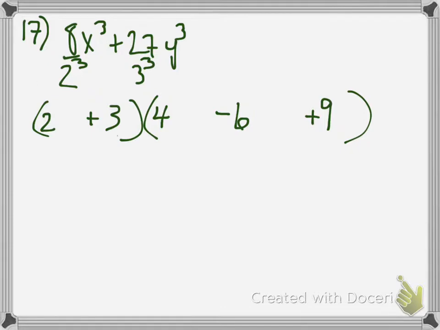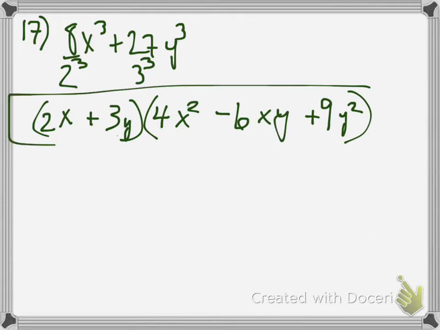I will give you this formula later if you need it. I will let y'all make a note page to help on this one on the test. The cube root of x cubed is x, y cubed is y. Square this, and then put x, y together, and you are done.